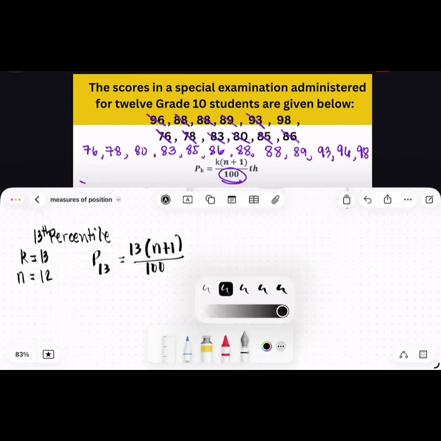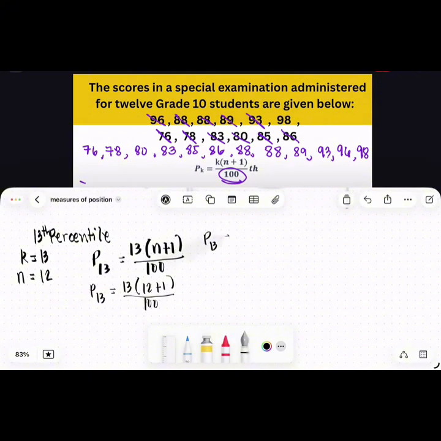Next, proceed to substitution. Percentile 13 is equal to 13 times our n, which is 12, plus 1, divided by 100. Next, percentile 13 is equal to 13 times 12 plus 1, which is 13, over 100.